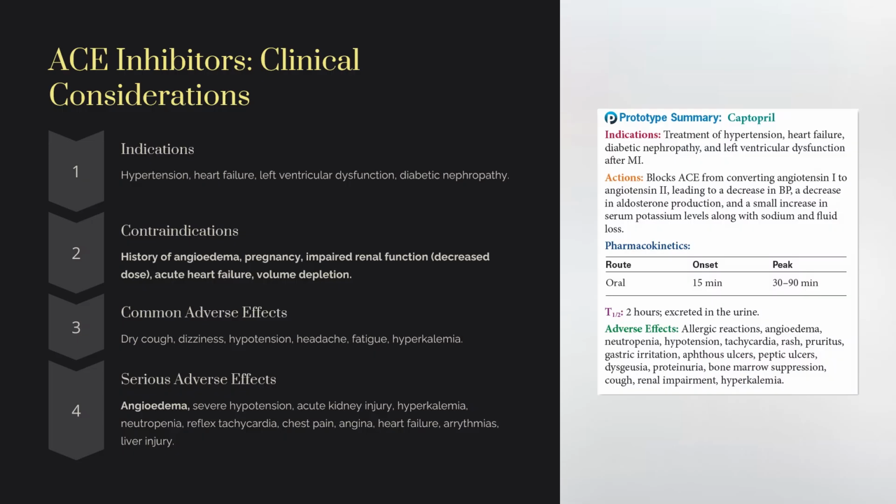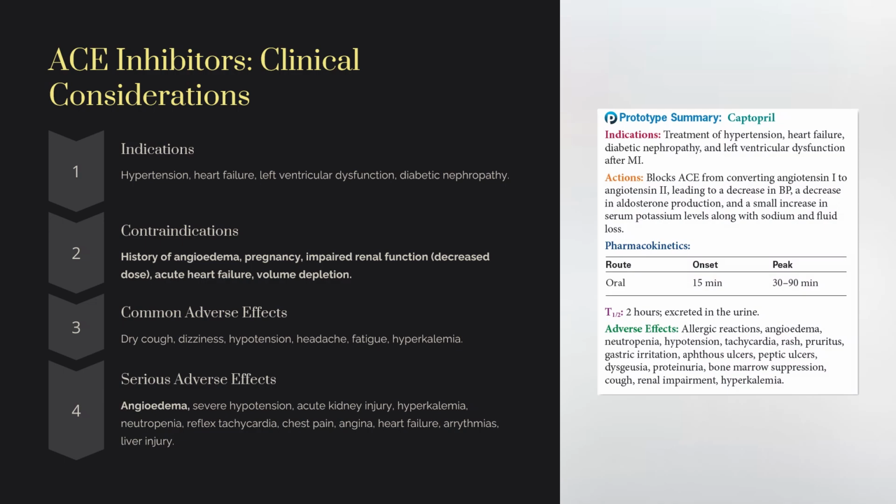Don't give this to pregnant people. If they have impaired renal function, they're going to need a lower dose. We also want to be careful giving this to patients with heart failure, or in patients who are hypovolemic.